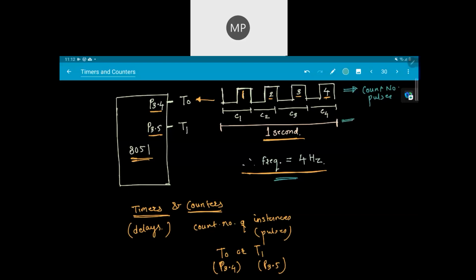We should be able to manage a delay of 1 second. Right? So these are the two requirements that we need to satisfy so that we will be able to calculate the frequency of a wave that we apply at either of these two pins. Right? So how do we achieve these two requirements using our timer and counters? That we are going to understand.